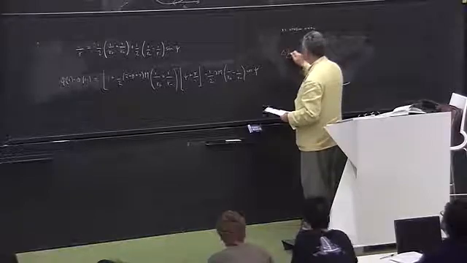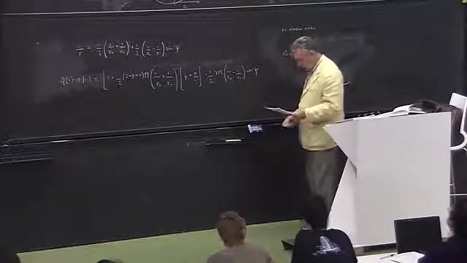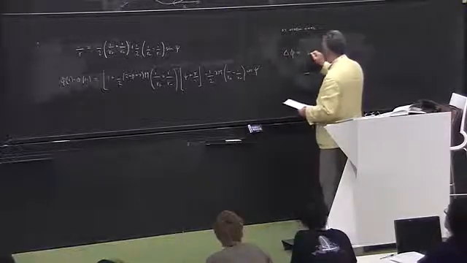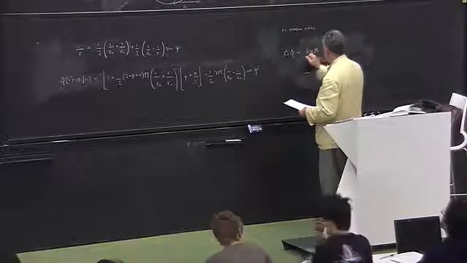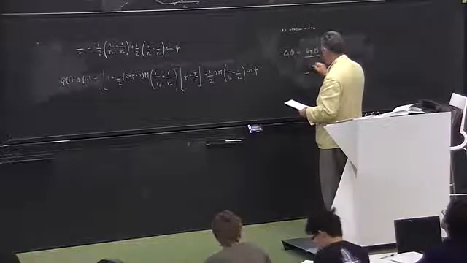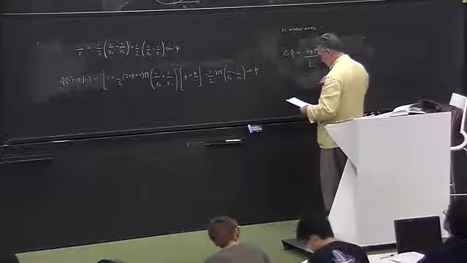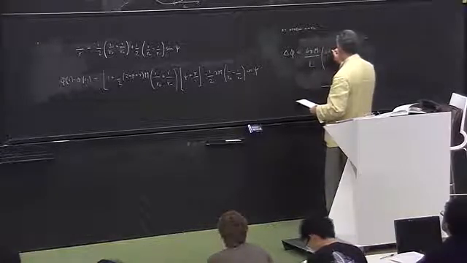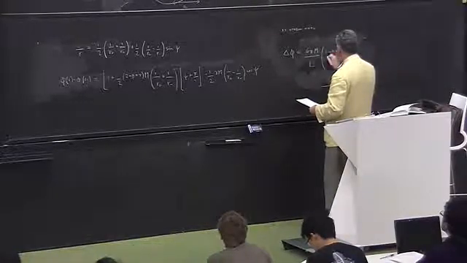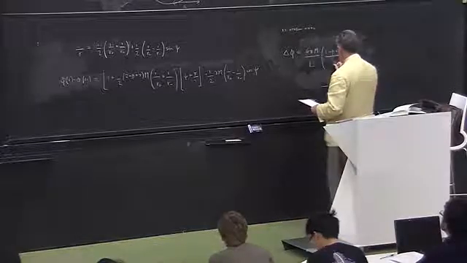So this gives delta phi as 6 pi m over L into 2 minus beta plus gamma over 3.